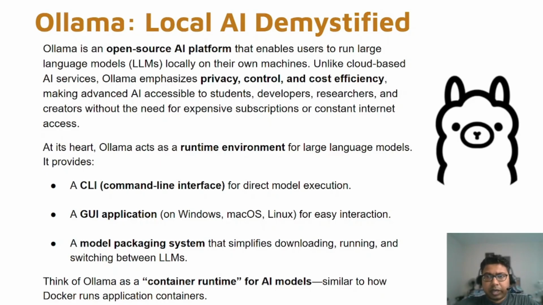We can do those things, and we'll see in this video how. But for this particular slide, the main concept is that Ollama is a platform which allows us to run LLMs locally, and it gives a command line interface and a GUI.